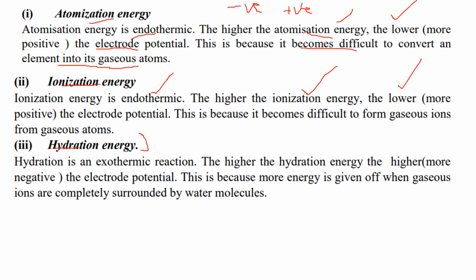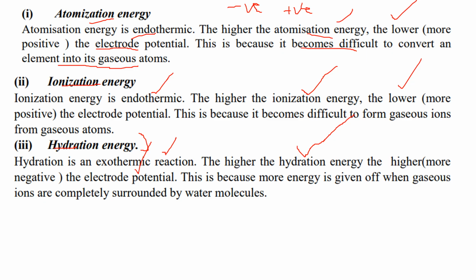for a gaseous ion to be hydrated, it involves release of energy. So since it's an exothermic process, that means that electrode potential is going to be becoming more negative. And therefore, you're going to conclude that the higher our hydration energy gets, the higher our electrode potential gets, or the more negative. So the more negative the electrode potential, the higher it is.